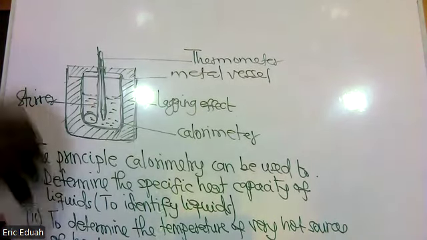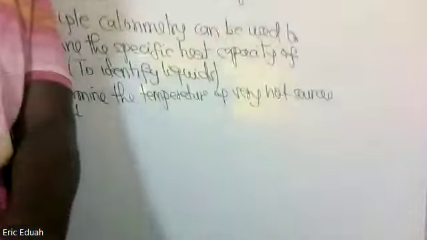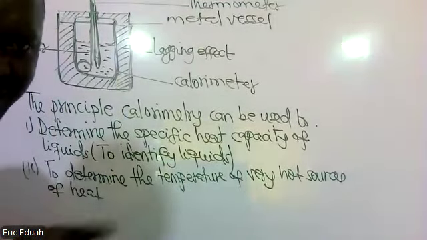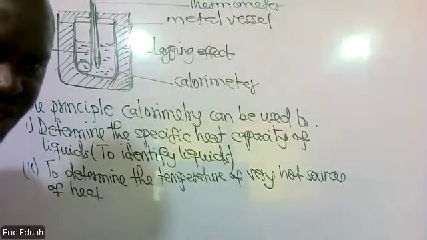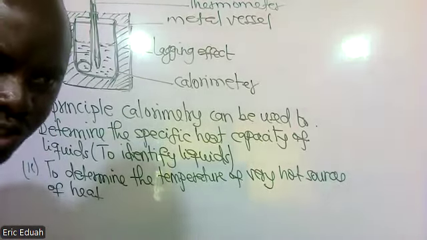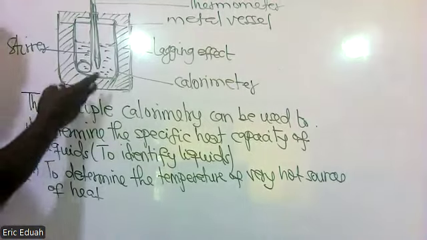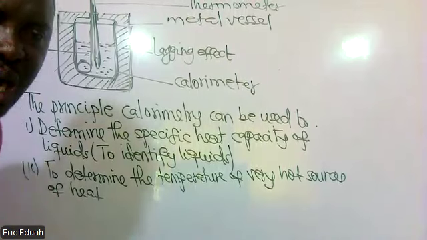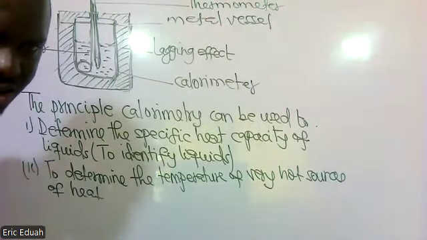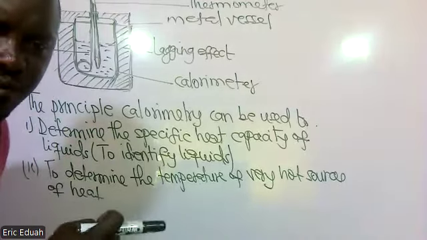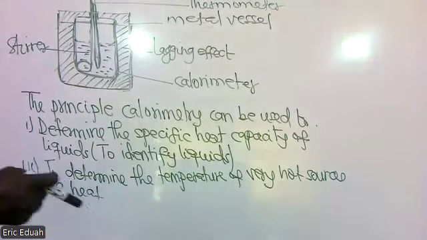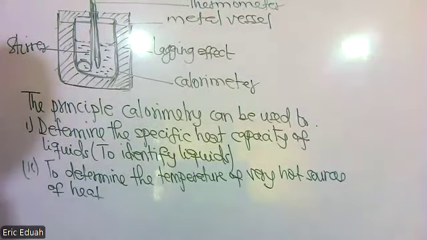If we have a very hot source and the temperature is such that we cannot go close, we can also use this principle of calorimetry to determine the temperature of the very hot source, such as a furnace, oven, and all that.